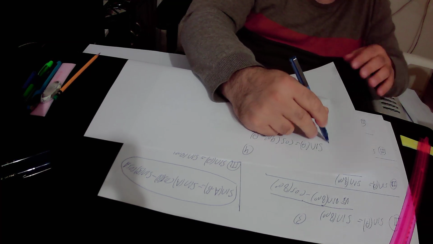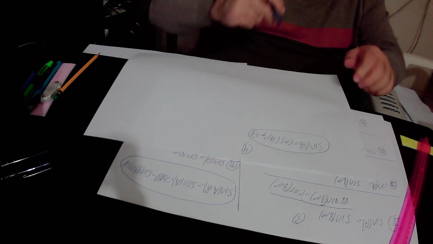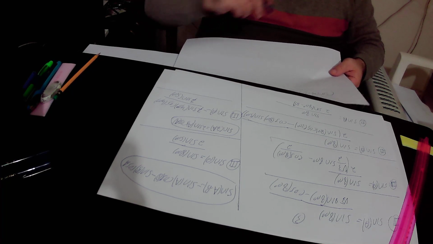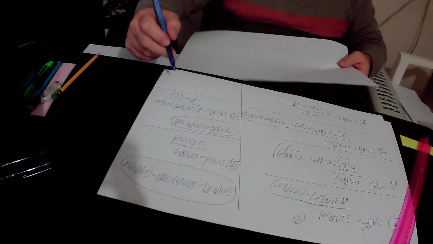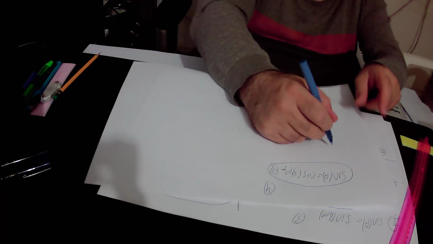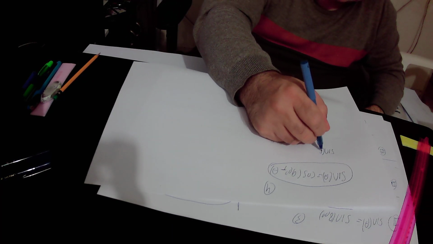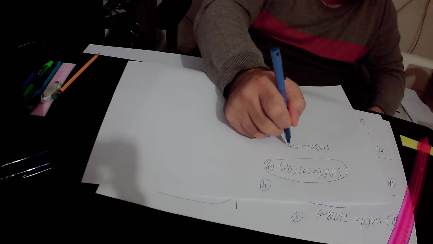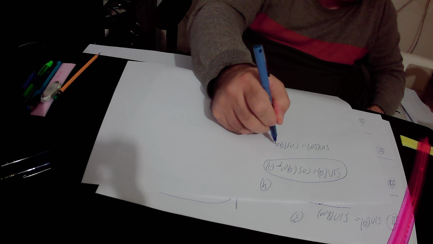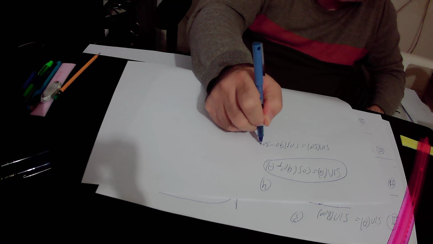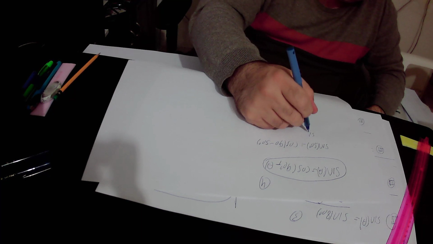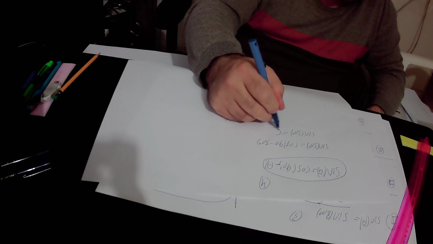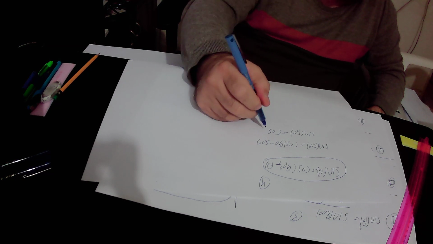So according to this trigonometric identity, we'll get that sine 50 degrees equals cosine 90 degrees minus 50 degrees. 90 degrees minus 50 degrees is 40 degrees.